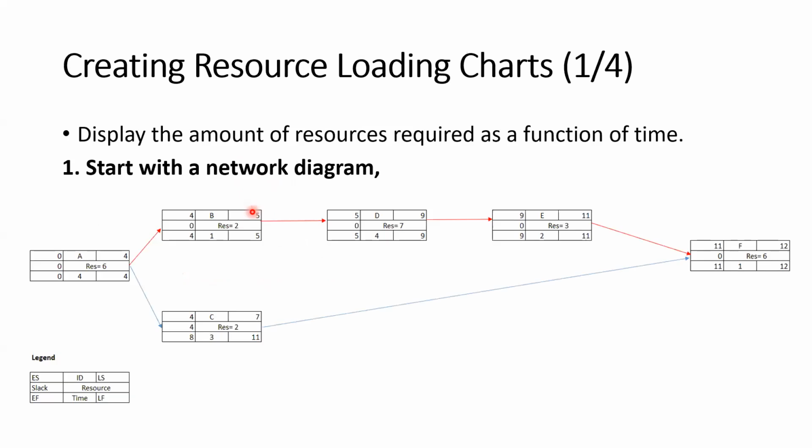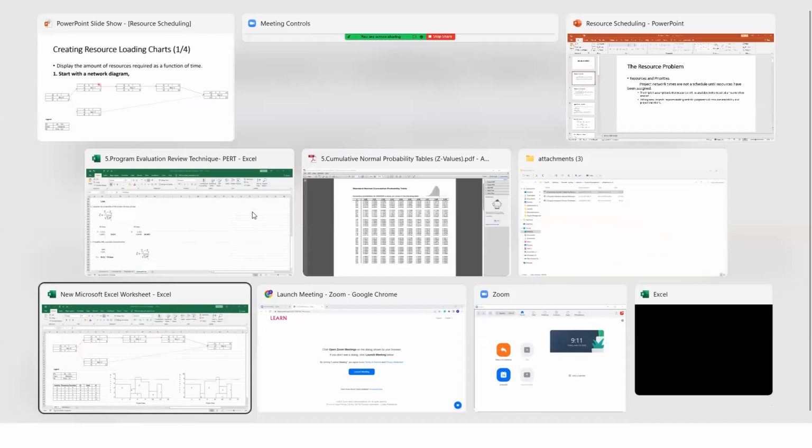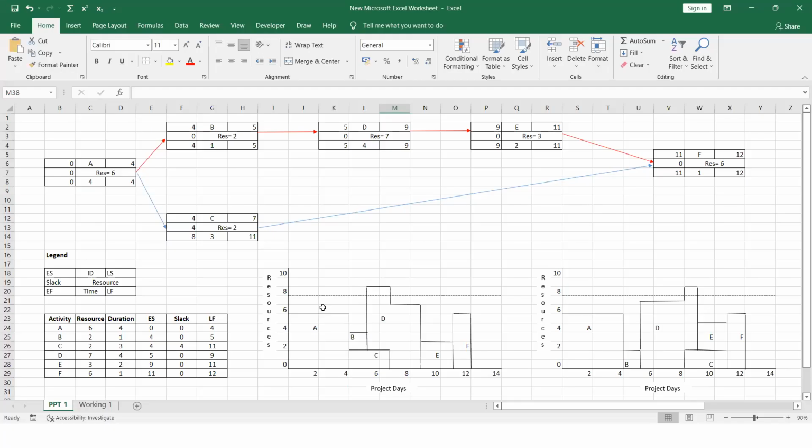So when we are going to create a resource loading chart, first you have to start with the network diagram. So I will go to my Excel sheet. Right, this is the Excel sheet, right?